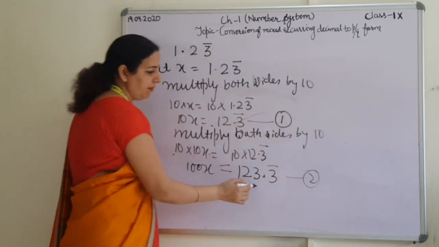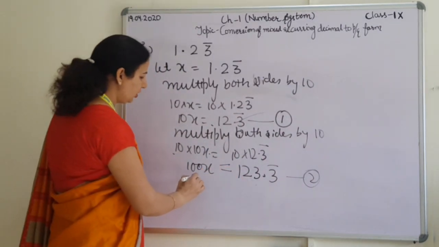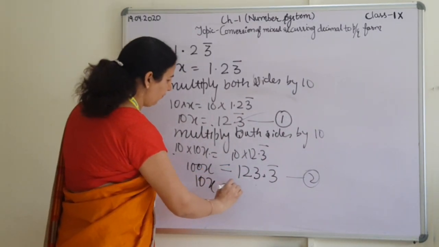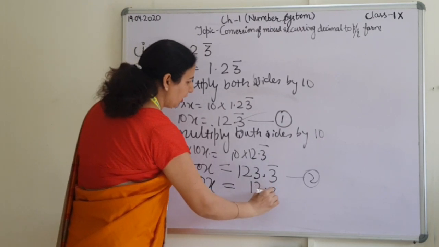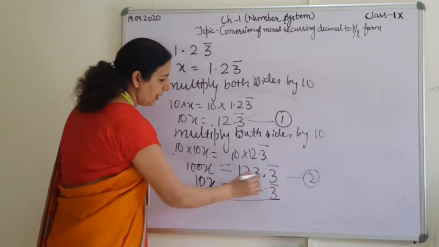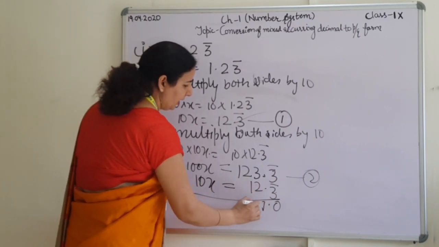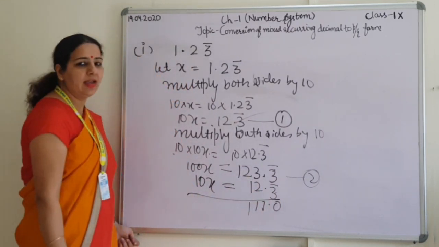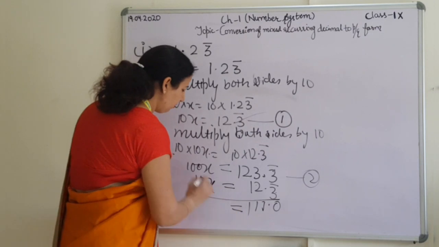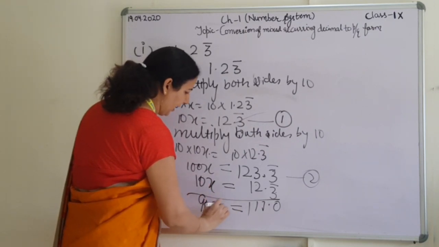Subtract equation number 1 from equation number 2. Bar minus bar, same number minus same number, is 0. Then it will be 111. And on this side it will be 90x.